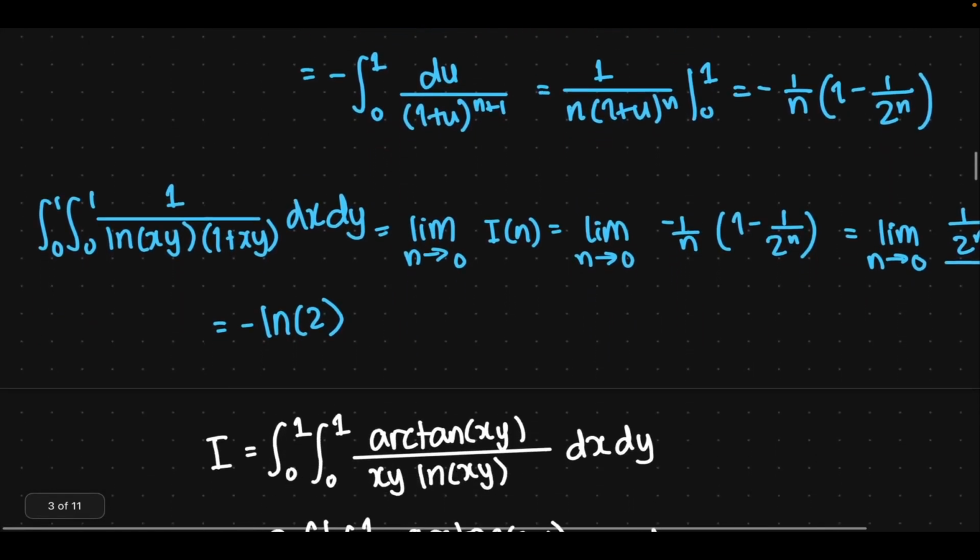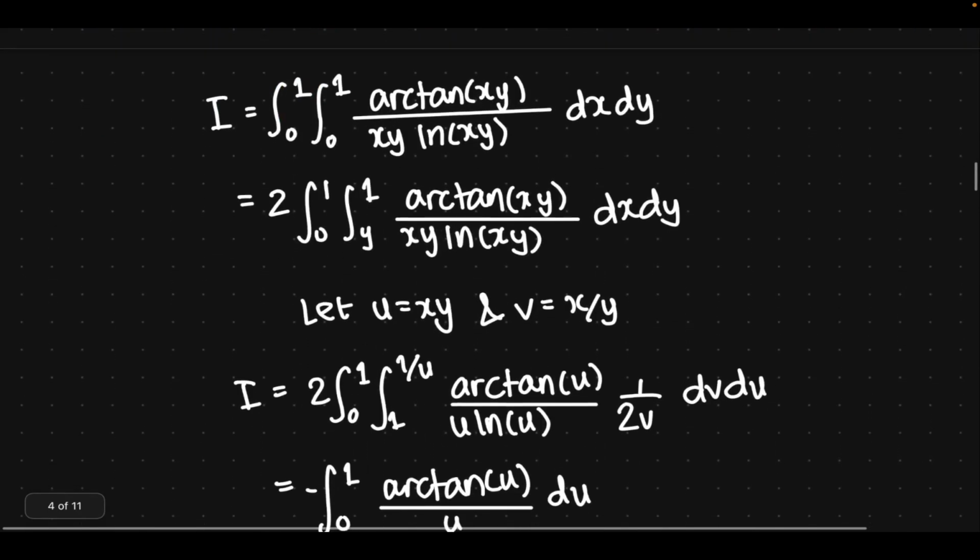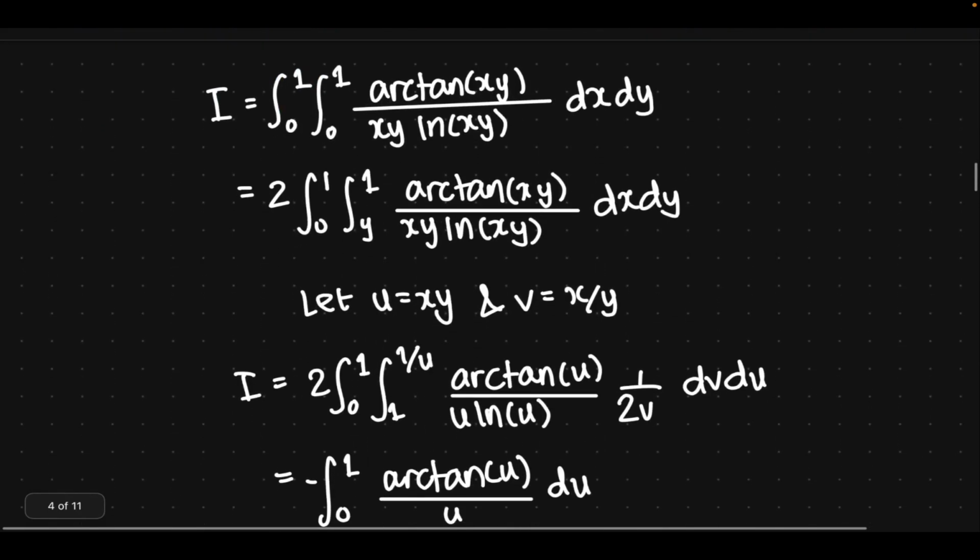We can actually go on and do another integral, which uses the same strategy, which is the symmetry of the x and y, and you know, this interesting change of coordinates, change of variables. We have arctan of xy over xy times ln xy.